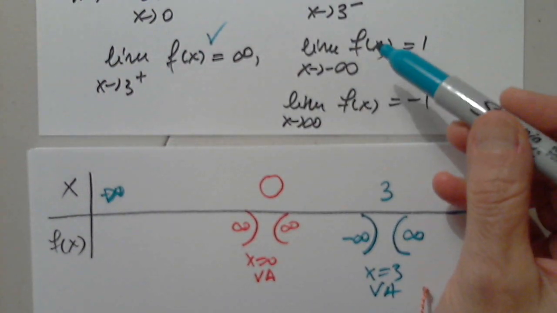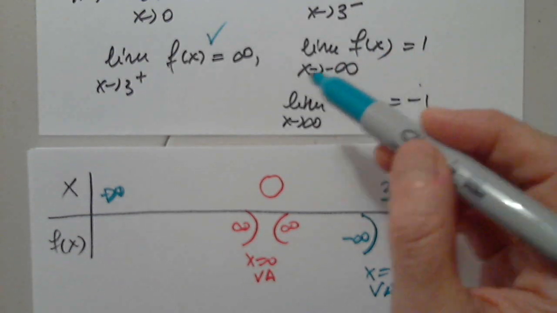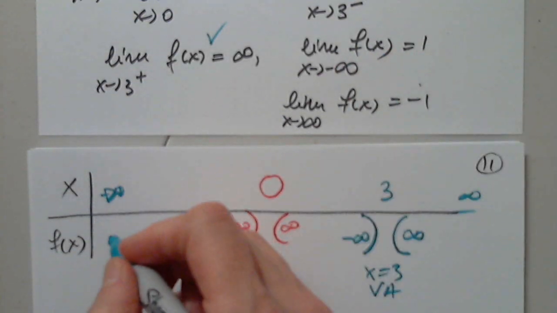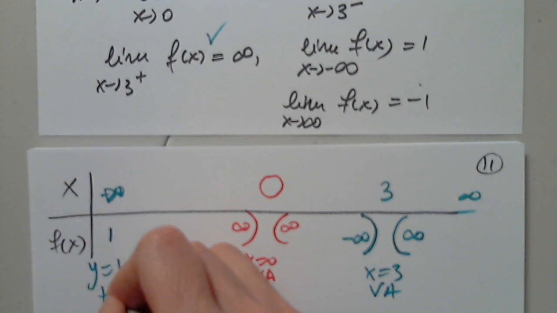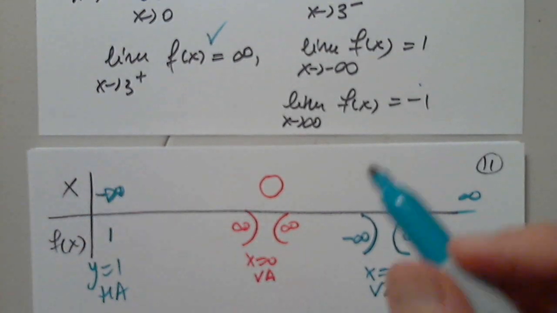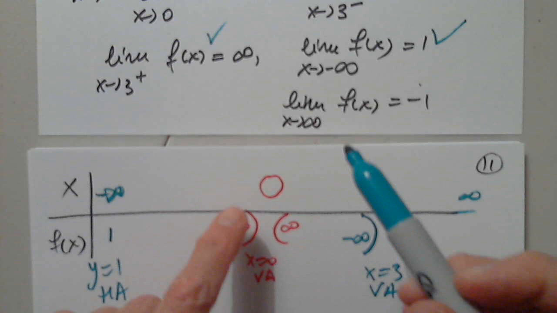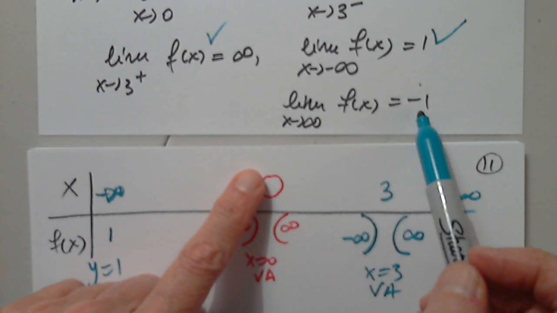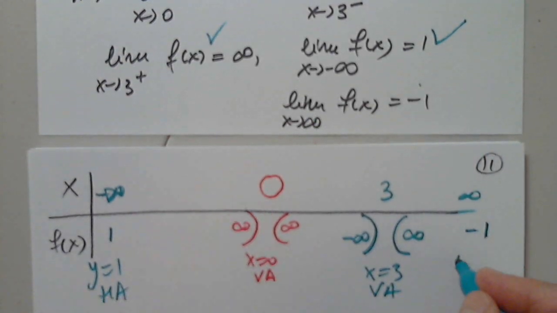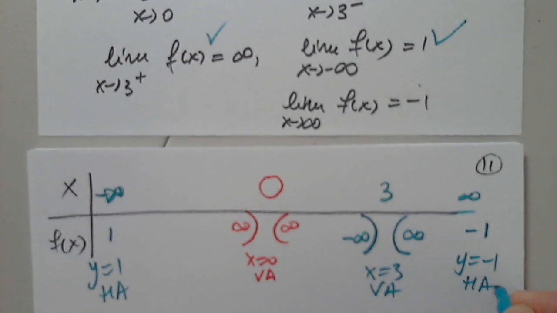Then it says the limit of f of x as x approaches negative infinity is 1. So y equals 1 is a horizontal asymptote here. The limit as x approaches infinity is negative 1, which means y equals negative 1 is a horizontal asymptote here.